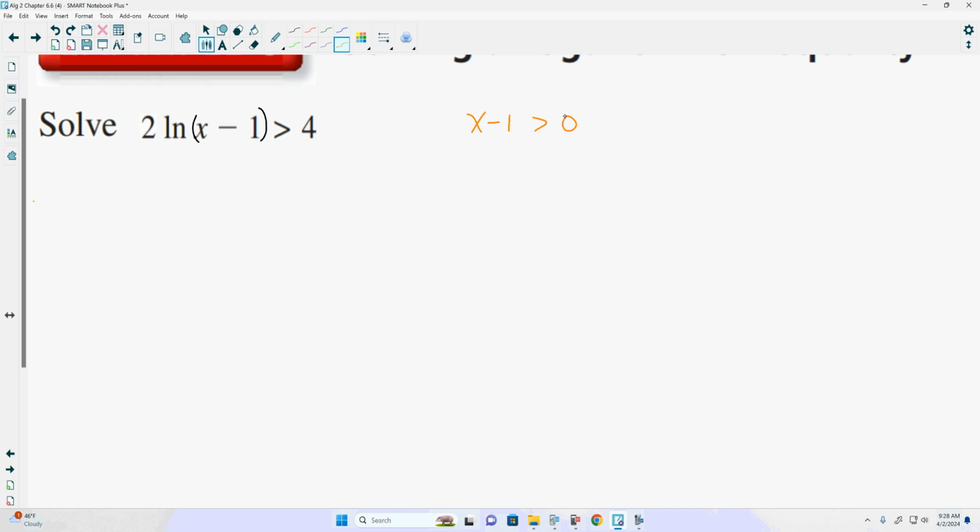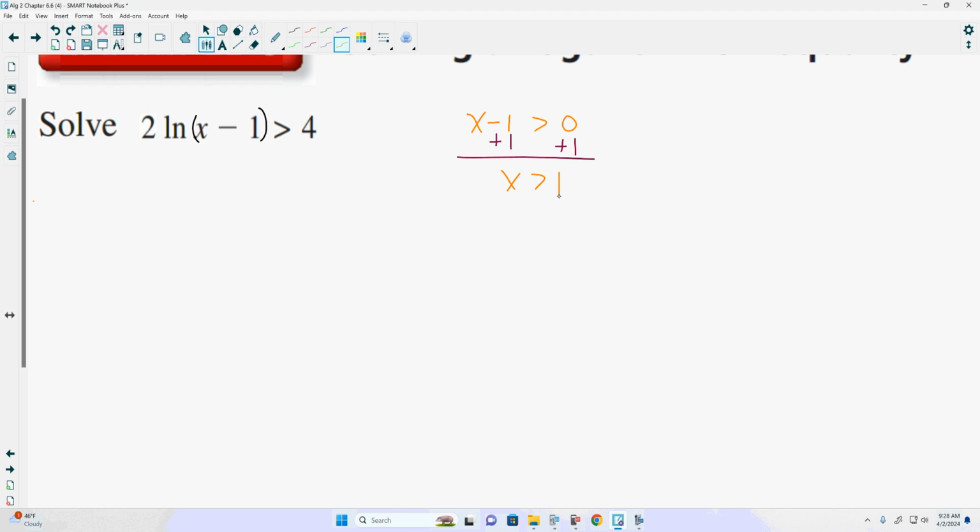Even though it's a natural log, what's inside that log has to be greater than 0. Well, since x is not by itself, we would add 1 to both sides, telling us x has to be greater than 1. That's just a minimum.